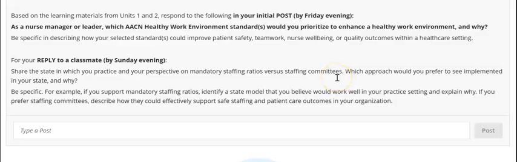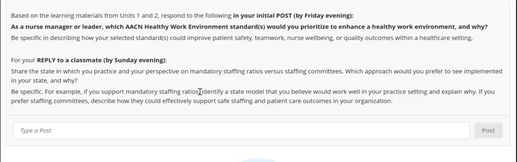Which approach would you prefer to see implemented in your state, and why? Be specific. If you're supporting mandatory staffing ratios, tell me a state model that you believe would work well in your practice setting and explain why.